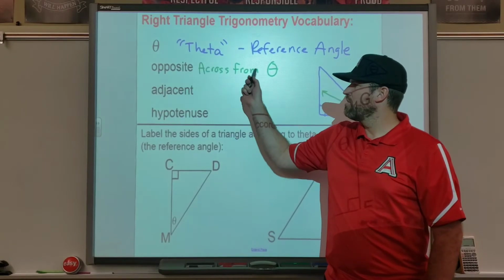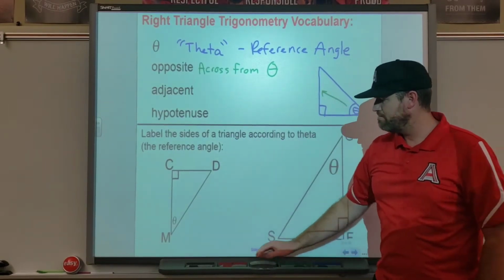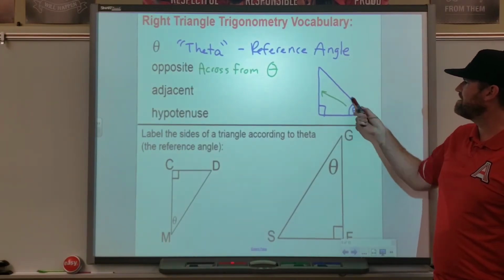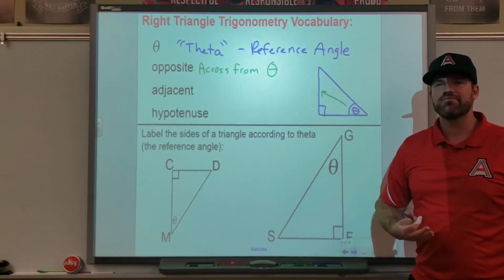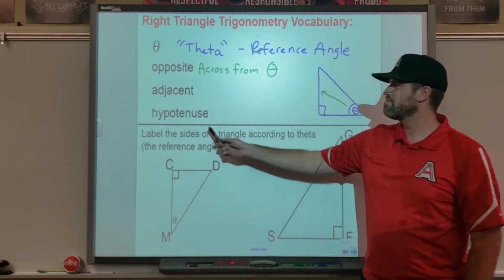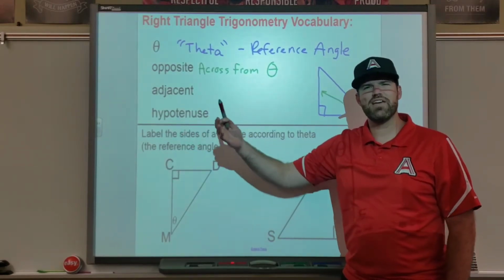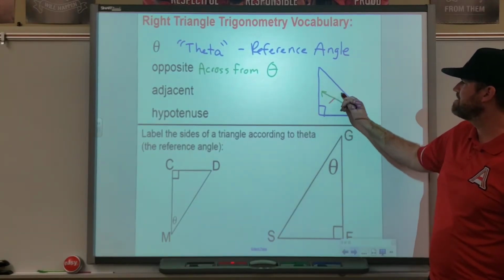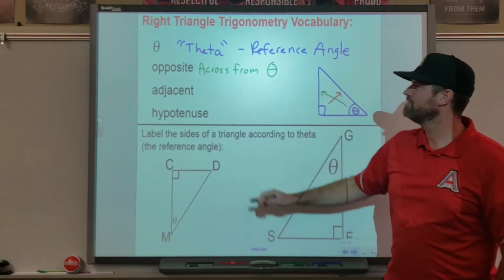So opposite is across. Adjacent means next to. But this side and this side are both next to theta. So it's probably more helpful if first we go back to hypotenuse, which we just talked about. We know what that is. We know that hypotenuse is across from the right angle.